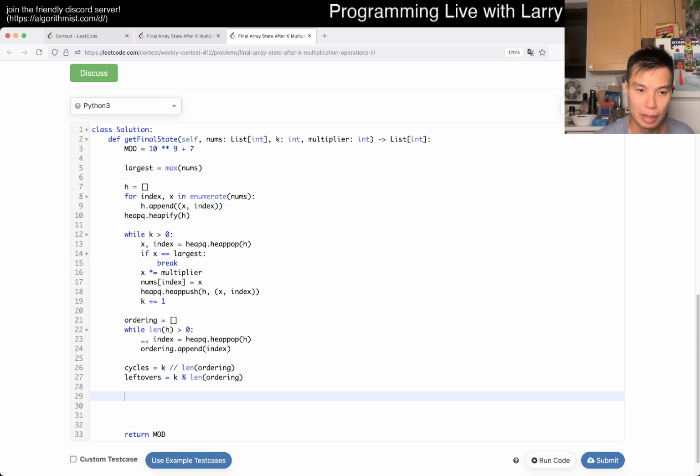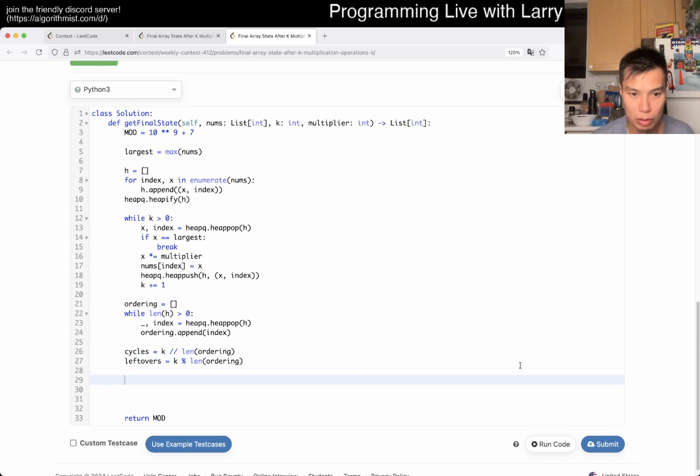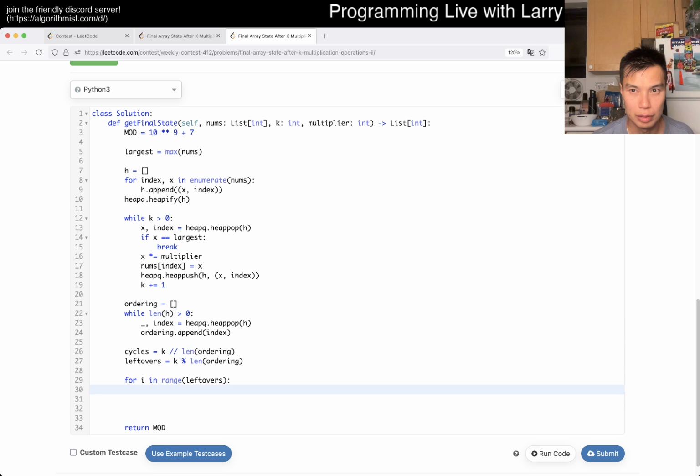Okay, and then now for i in range of leftovers, we want to say ordering sub i, we multiply by multiplier, right?